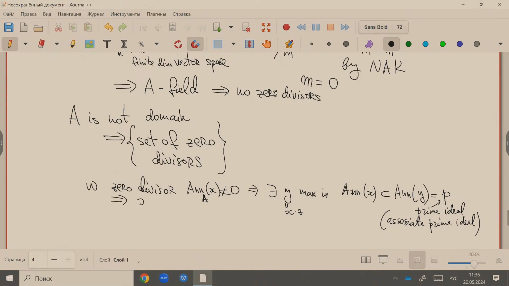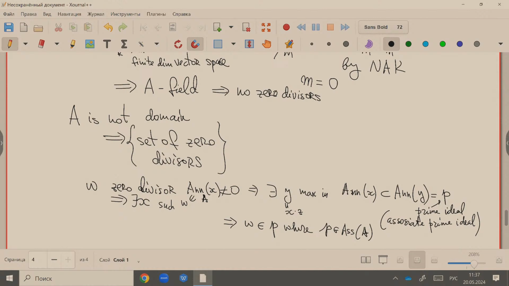Then there exists x such that W belongs to this annihilator. So this means that W is precisely in some prime ideal, where the prime ideal belongs to the set of associated prime divisors.